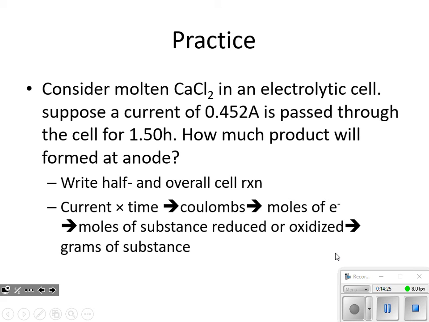Peter? Faraday's constant on the equation sheet? Yes, it is. So just like on the bottom left-hand corner is that equation, on the bottom right-hand corner is that constant. Okay. The only constant that I would suggest students know is the heat capacity of water, 4.184 joules per gram degree Celsius. Pretty much any other constant is either given to you in the problem or is given to you on the equation sheet.